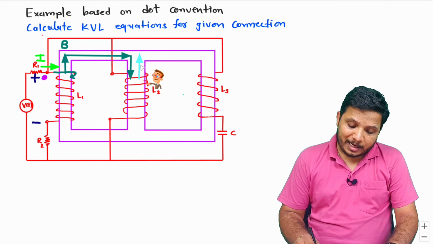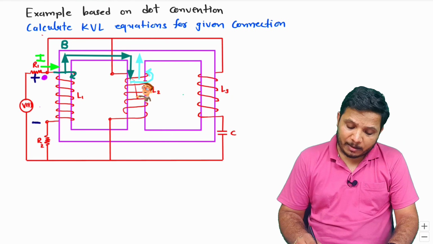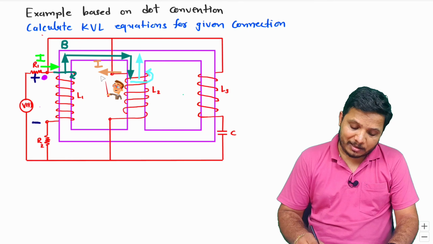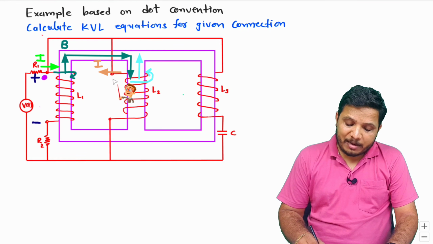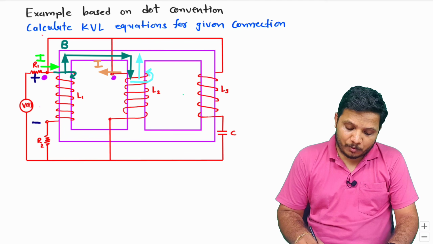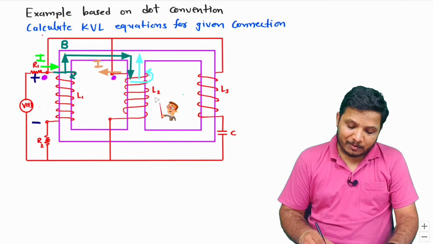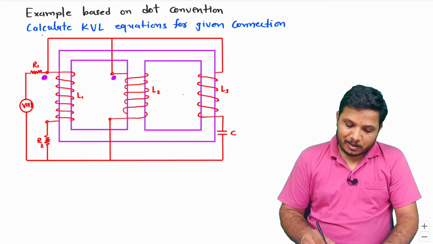So the current direction as per the right hand thumb rule will be in this direction. As the current direction is outward, the induced EMF dot convention will be here. So I need to place the dot here at L2. So in between L1 and L2 the dot convention is this, right?